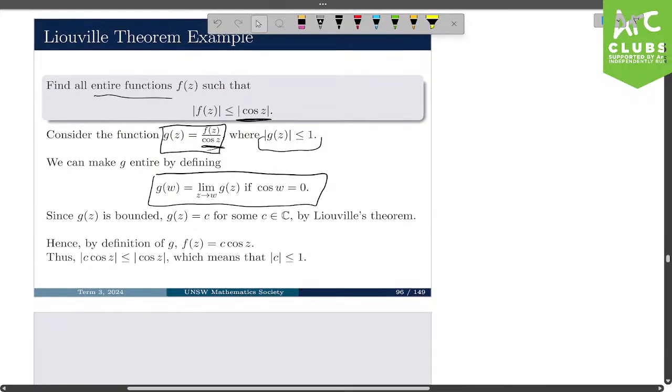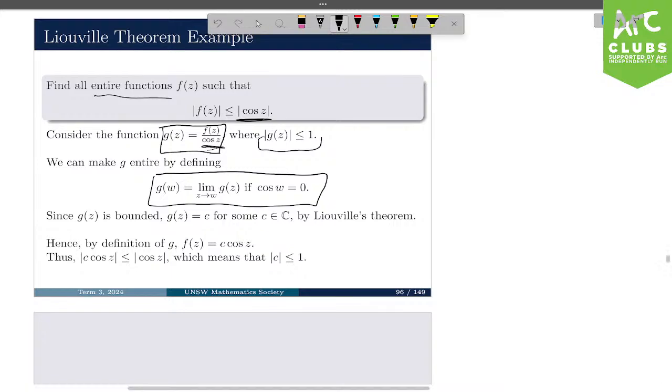Fantastic. So this is just a little statement ensuring that we don't have any discontinuities right now. Moving forwards, we've determined it's bounded, we've determined it is entire, and therefore it is a constant, right?